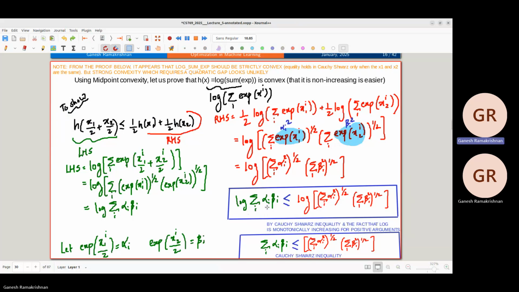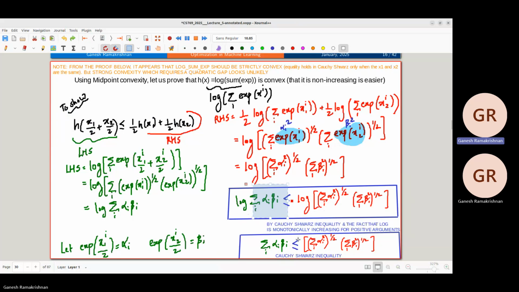And the interesting thing: log is a non-decreasing function. It may be concave, but it's not decreasing. Now, if it's not decreasing, then if alpha i beta i summation can be shown to be less than or equal to alpha i square summation raised to half into beta i square summation raised to half, then I can show this inequality.